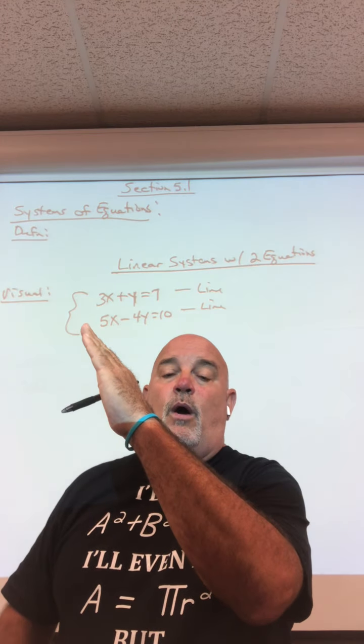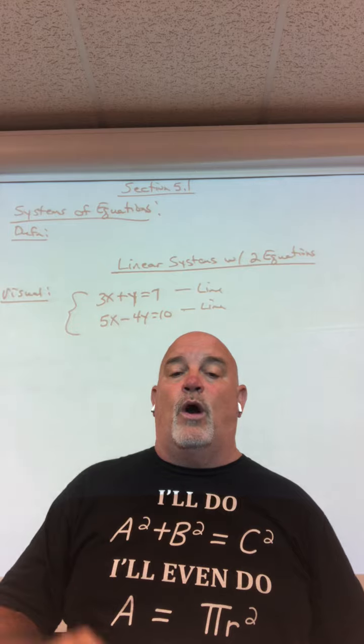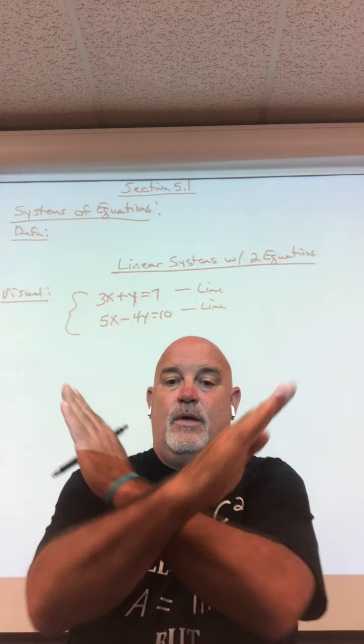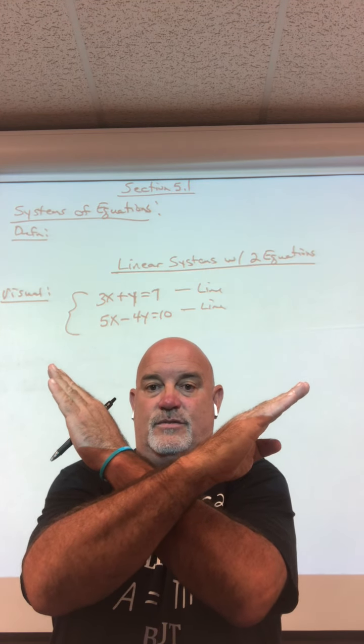What we're looking for when we solve a system is the point that works for both equations at the same time. Where would that occur? That would occur where they cross.